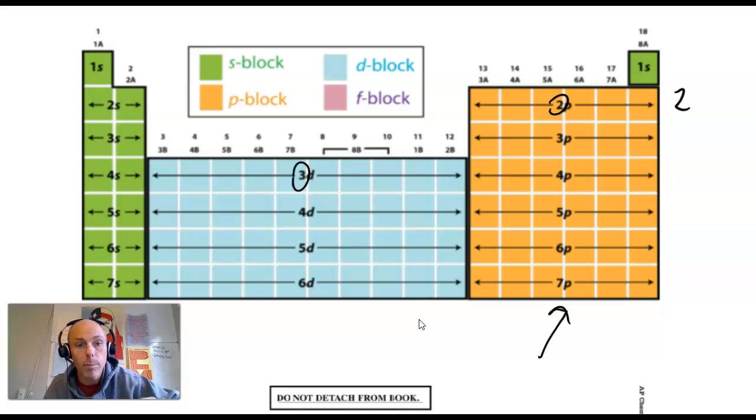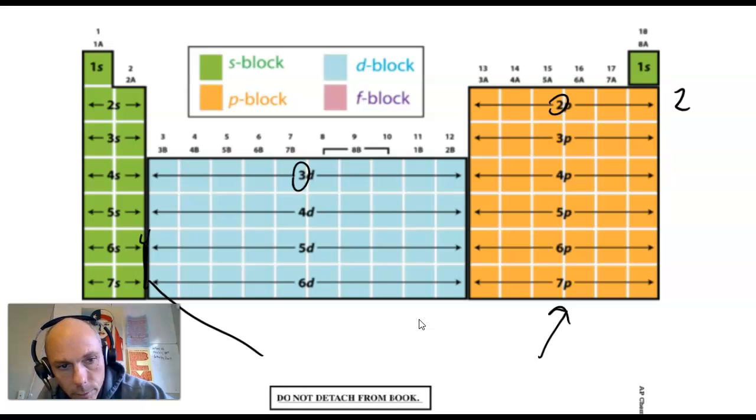And then the F block, which isn't depicted here, is extracted from this zone here, and that's the 4F, and that's the 5F, which are 2 principal energy levels behind the row they're in, or behind the S and P principal energy level numbers.